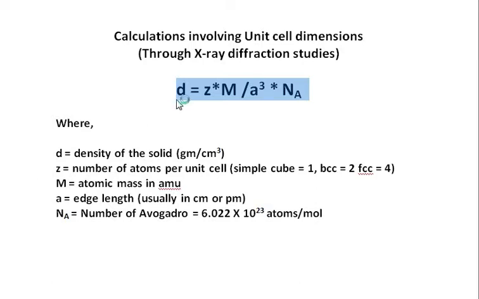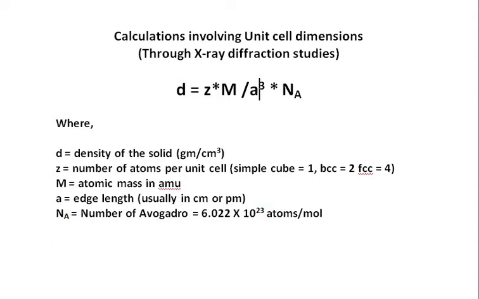If one wants to know the density or molecular weight or cell edge length, he or she can calculate using this formula. There are 5 parameters present in this formula. If any 4 are known, one can determine the fifth.